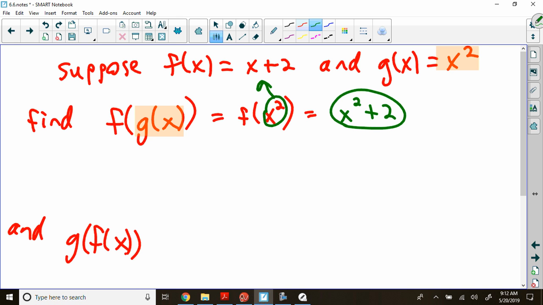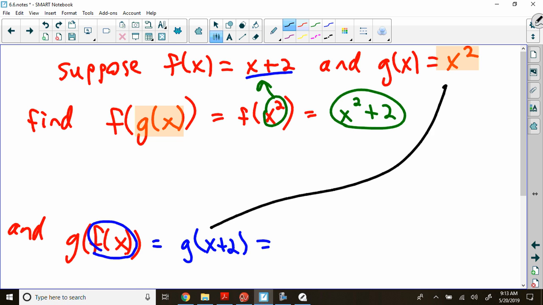So let's see what happens when we take g of f of x. When we go the other way with this, g of f of x, we're going to replace this f of x with this x plus 2. So we're taking x plus 2 and we're g'ing it. We're going to go to the function g and replace x with x plus 2. So what's that going to look like?